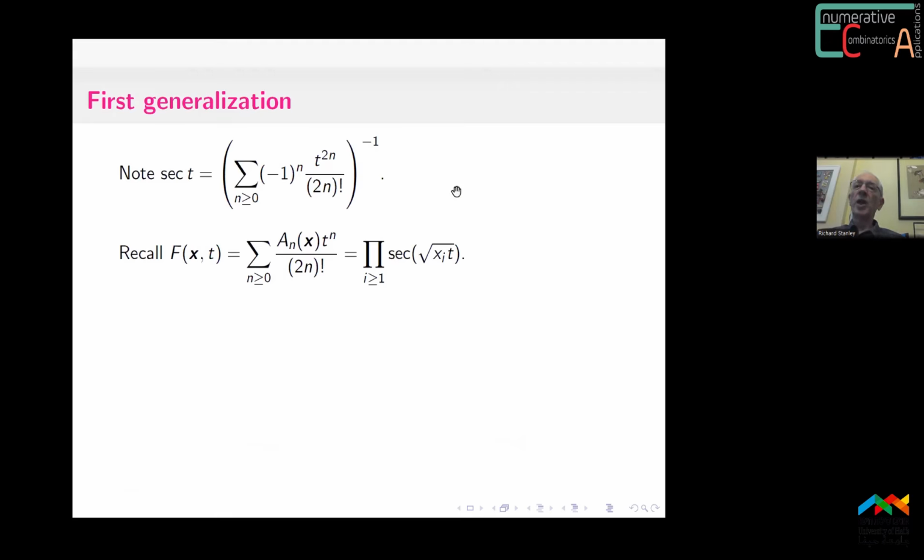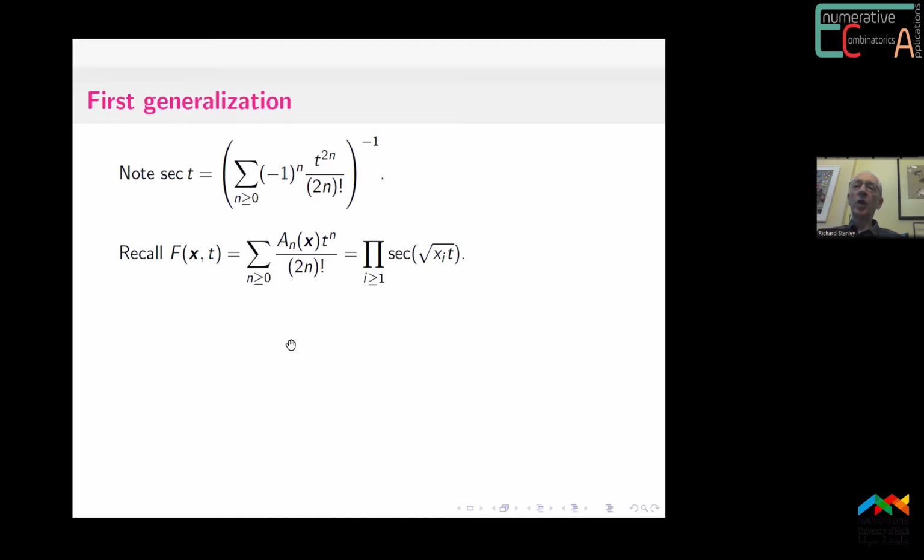So the first generalization is to note that the secant of t has this well-known formula, because inside here we have the cosine of t in parentheses. It's usually the standard expansion of cosine, and secant is 1 over the cosine.